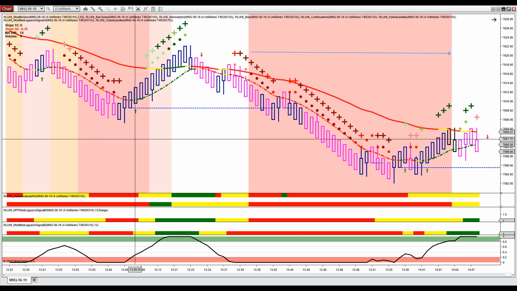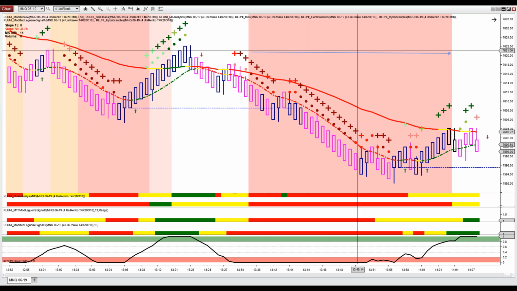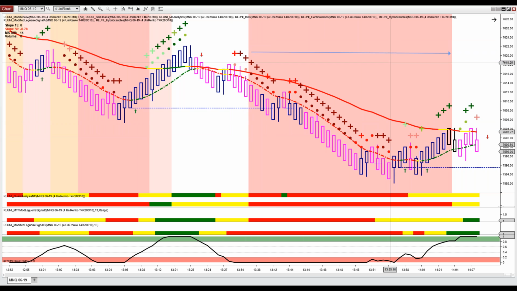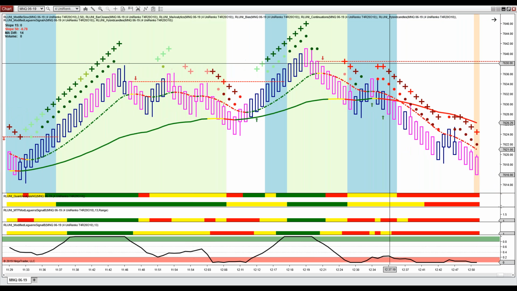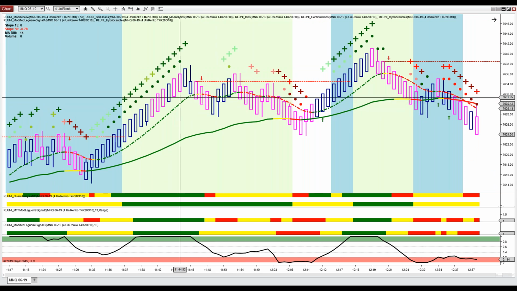Now there are three different powers of down, which I'm not going to go into. This pink is the strongest down trend possible. And I take most of my trades with pink background. This dark green is the most powerful multi-time frame alignment to the upside.